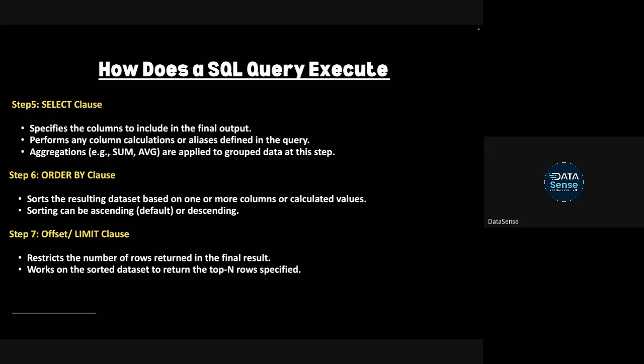You might have access to 50 variables, but you are only printing 5 or 10 variables. After that, order by and offset or limit come. Is it clear? This is the order of execution of a SQL query. All good, guys? Shall we move ahead?